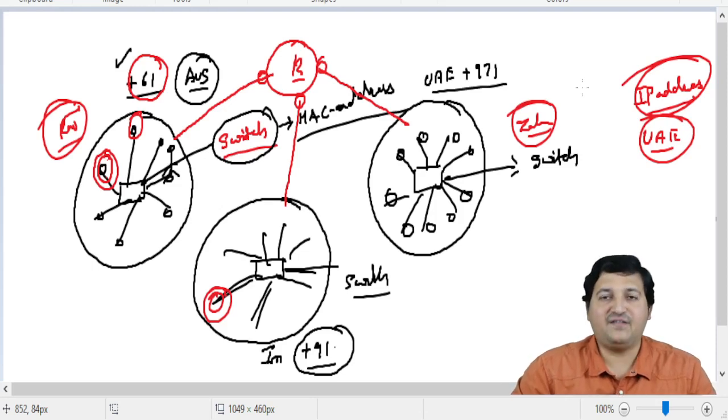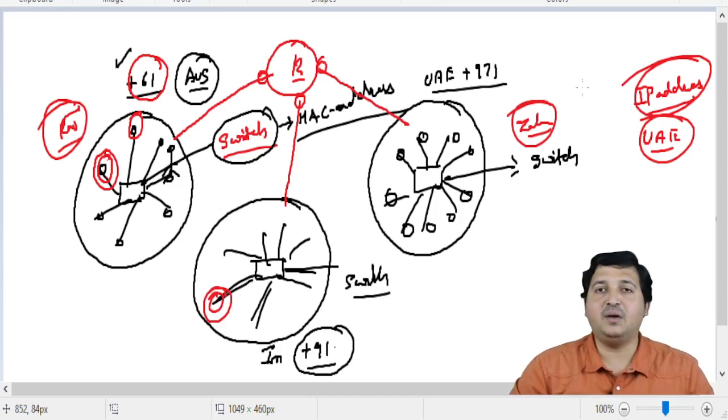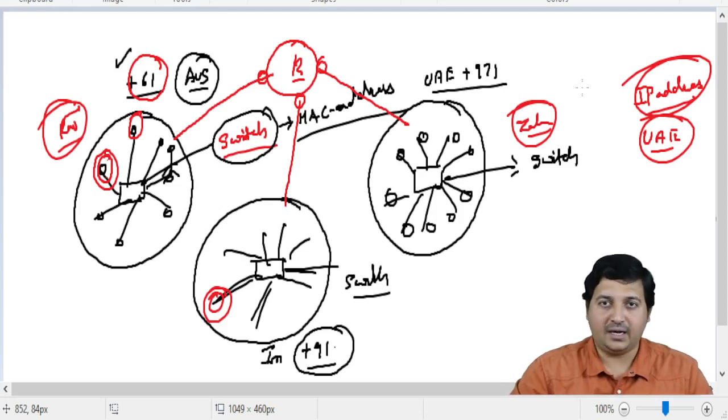For example, if I have 10 computers, if I need to connect these 10 computers together, what do I need? I need a switch to connect these computers so that they can connect with each other. So in simple terms, within the LAN or within the network, if I need to connect, we are going to connect through a switch. And if we need communication between 2 different networks, we are going to use a router. So this is the difference between a router and a switch.